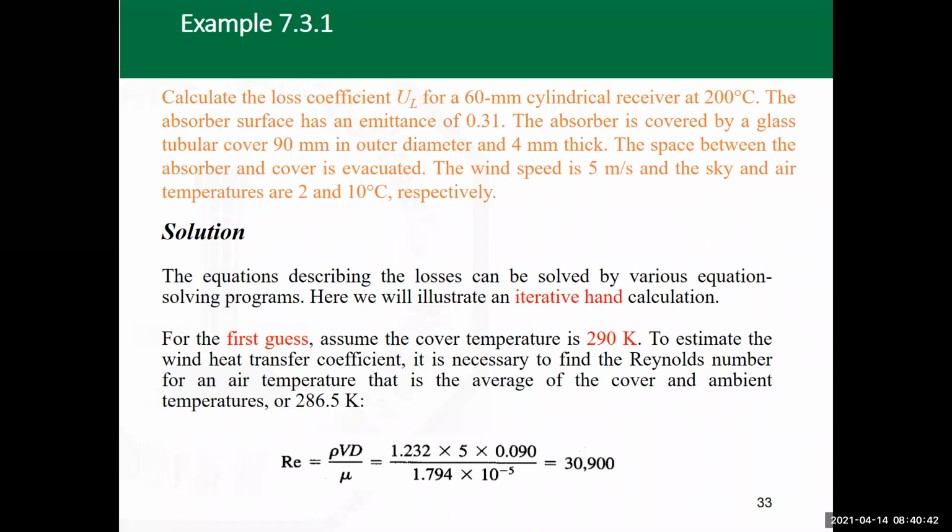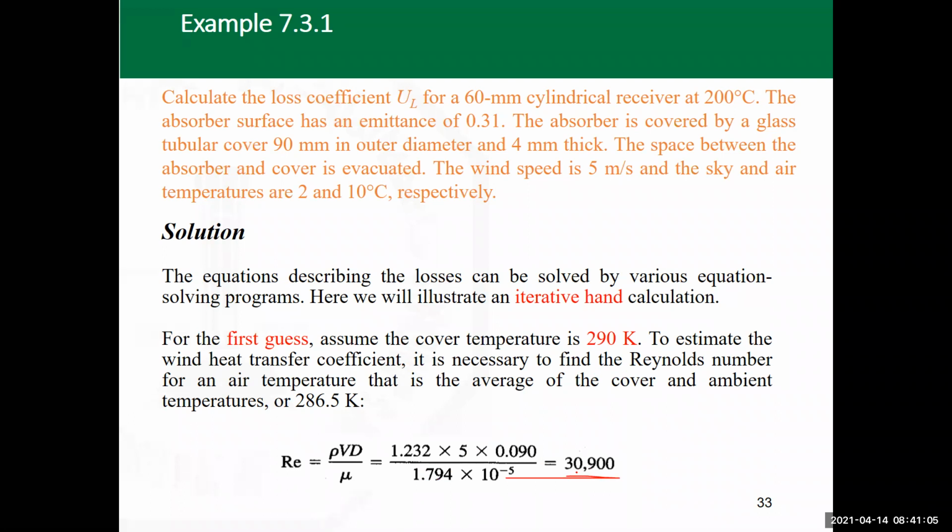Rho is the density of the air, 1.232. 5 is the wind speed, and D is the diameter of the cover. And mu is the dynamic viscosity of the air. So substituting here, we get a Reynolds number of 30,900.